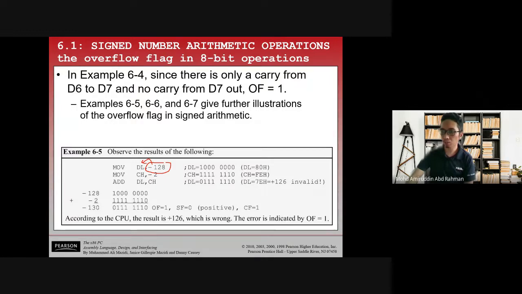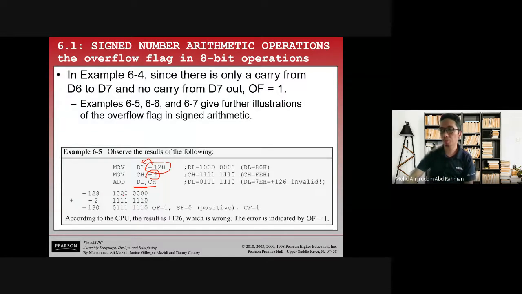Because it is up to minus 128. And then we add minus 2 to it, CH to DL, right? And this result is wrong, because it cannot be more negative than minus 128. When you add minus 128 to minus 2, it should be minus 130, but it cannot exceed minus 128.